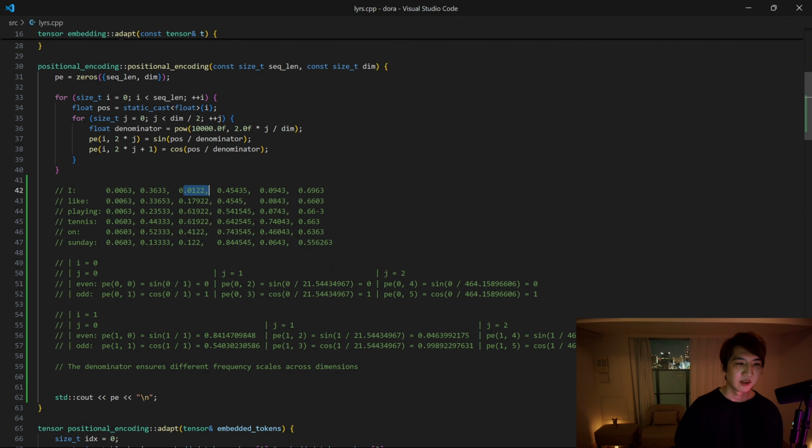So this word "I" corresponds to here because the position is 0. "I" means the first word.